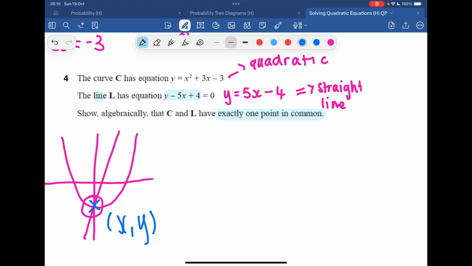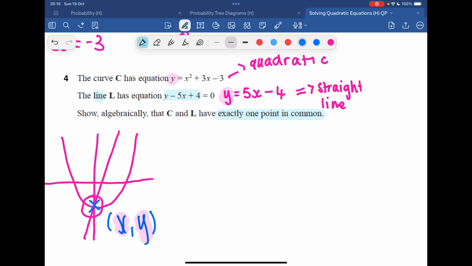So, at this point here, as we've just said, there'll be a common x coordinate and a common y coordinate. We already have a function that expresses the y coordinate of both the curve and the line. At this common point, the y value of the curve and the y value of the line is going to be equal.